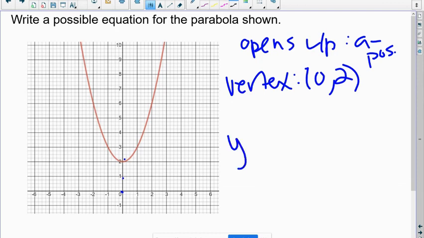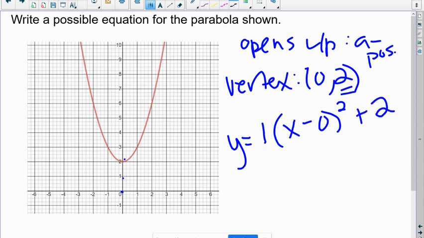So my equation, y equals, I have to have a positive number in front of the parenthesis. It could be a positive 1 or positive 2. We're not really sure. And then my vertex is at 0. So it'd be (x minus 0) squared. And my second coordinate is 2. So I keep it the same, still positive, plus 2.